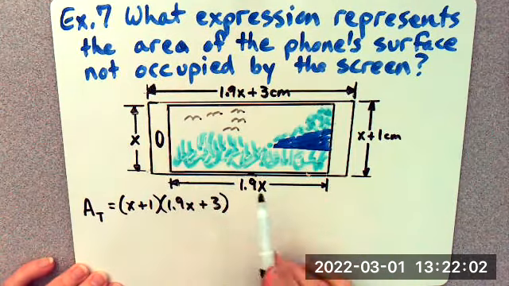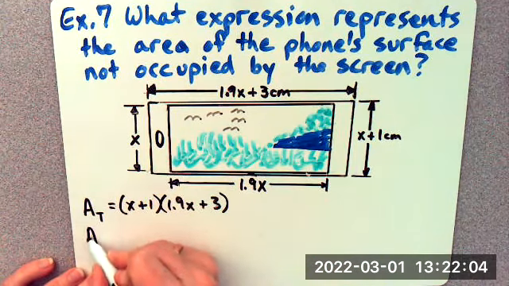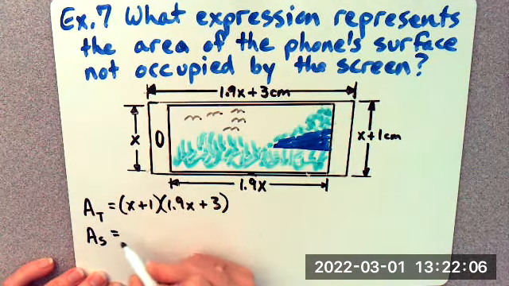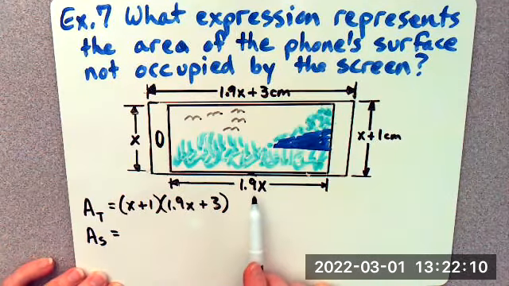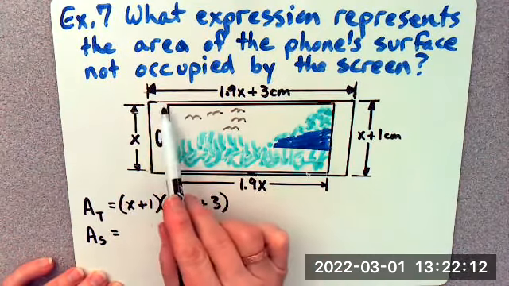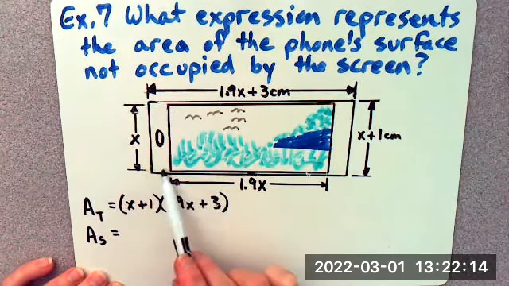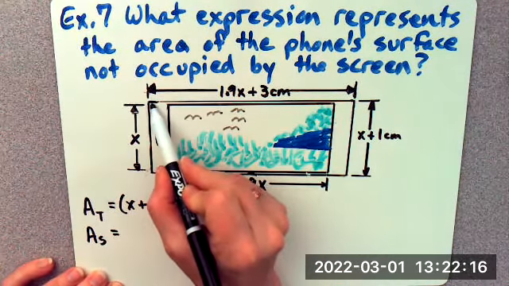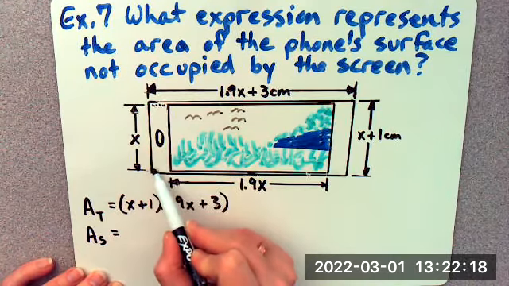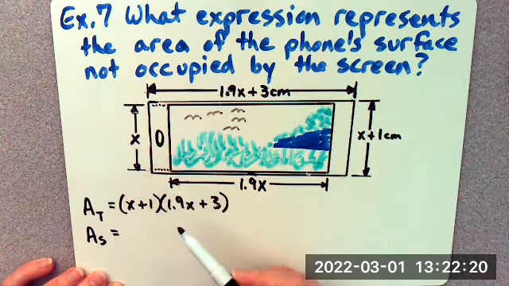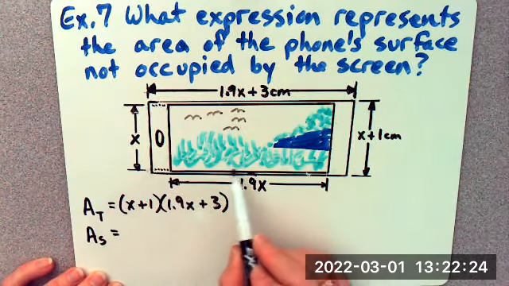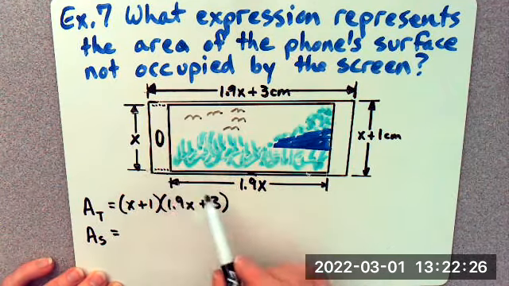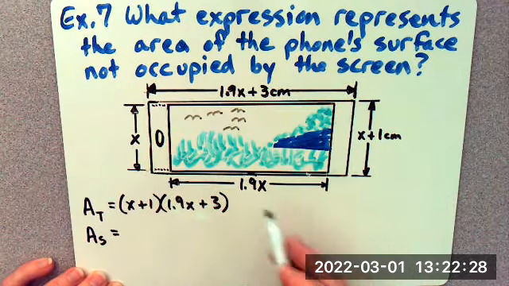But the area of the screen, which will be AS, is going to be just x, which is from this little part here, times the 1.9x.